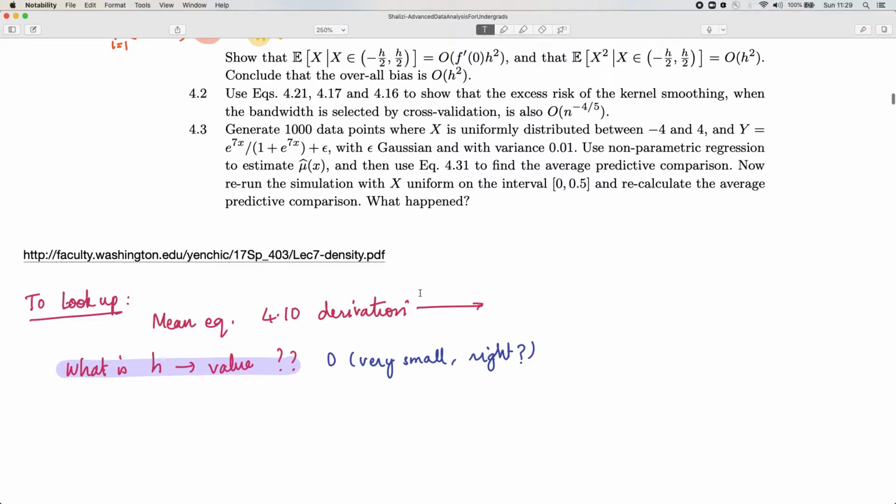My notes have not synced, but there is a URL here. It's a nice proof. It's basically the theory of kernel density estimators. The Wikipedia page had the final line of the proof, but this has the entire proof.